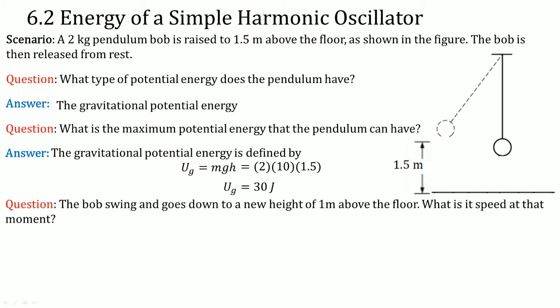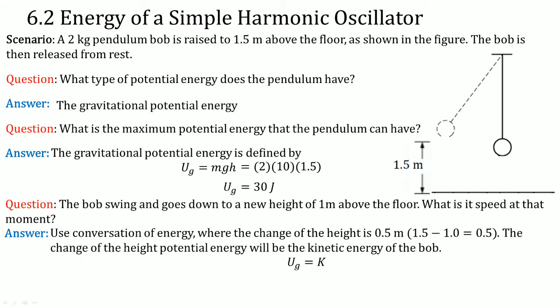The next question: the bob now swings and goes down to a new height that is 1 meter above the floor. What is its speed at that moment? That speed that they're looking for is the velocity. So the answer: we are going to use the conservation of energy, where the change in the height is 0.5. How am I getting that height value of 0.5?